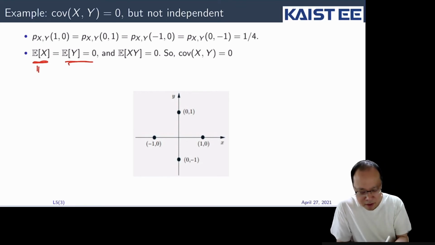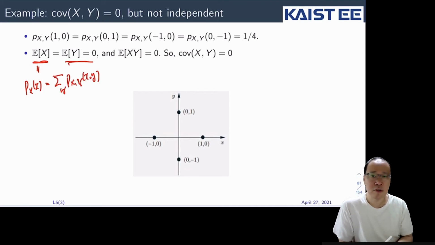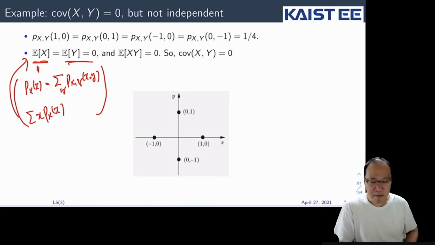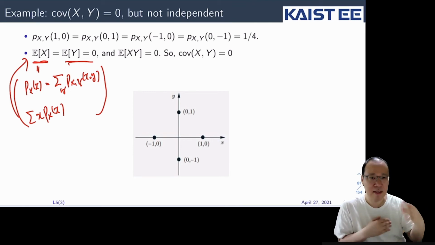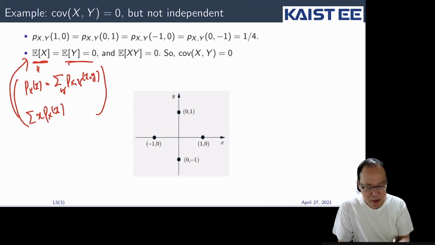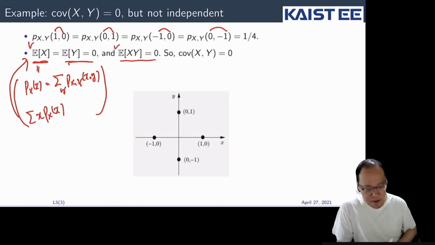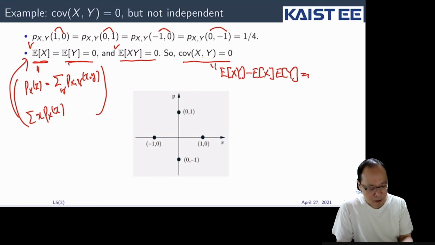We can compute this by first computing the marginal distribution of x. Even before the formal derivation, everything is symmetric between -1 and 1 in terms of the x-axis and the y-axis, so the expectation should be 0. And the expectation of xy also becomes 0, because for all 4 points, the product has value 0. So the covariance is 0.